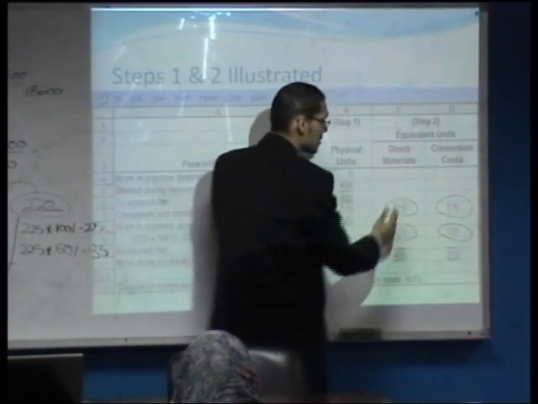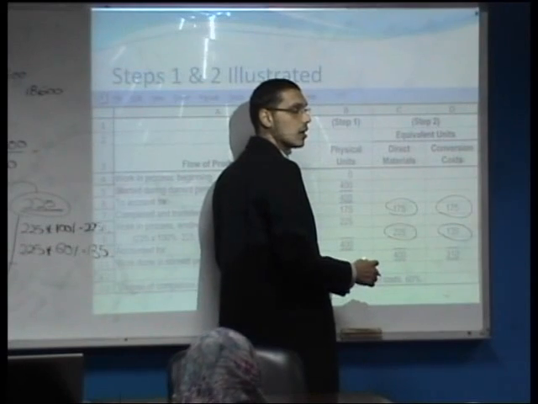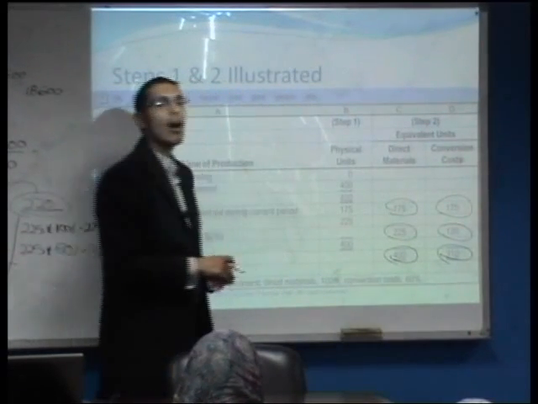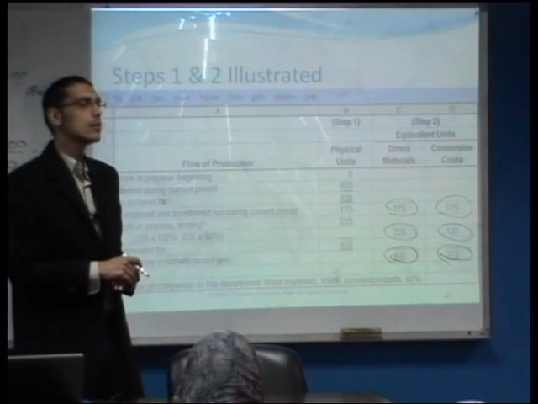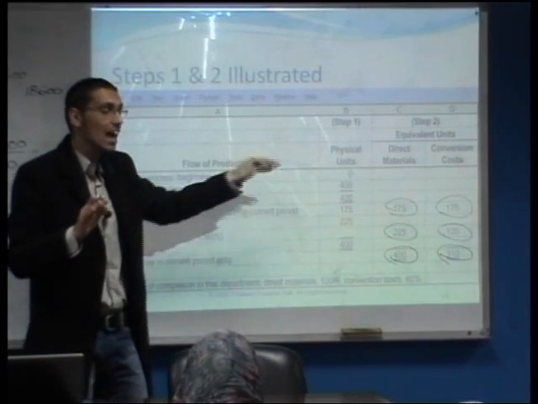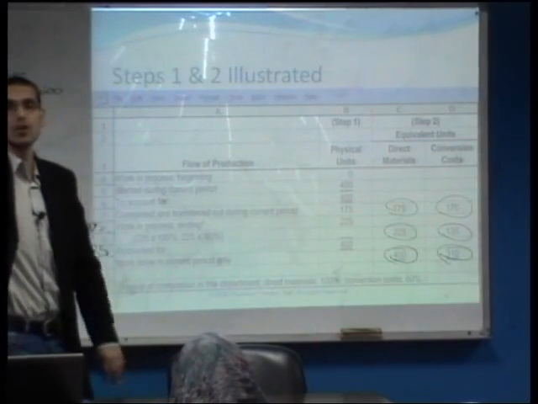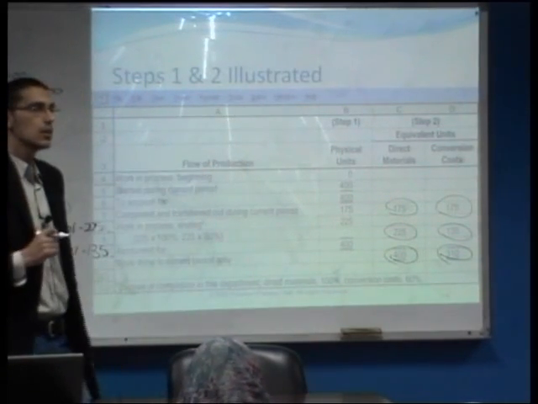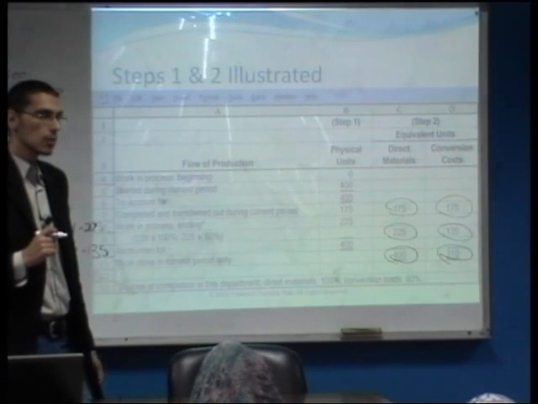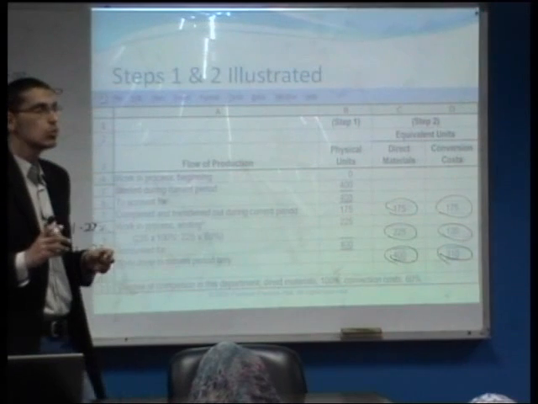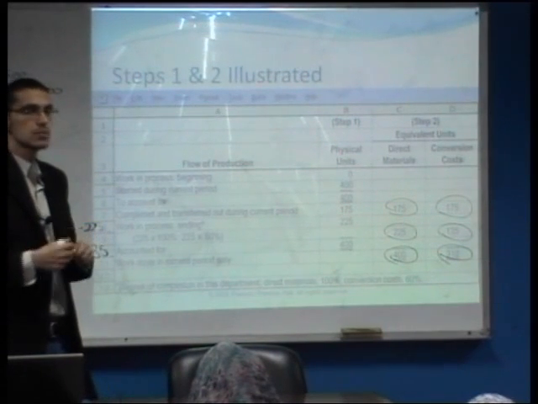Therefore, the summation of the equivalent units of 400 and 310 are common. They have the common metric, the common measure that is needed in order to divide the cost upon these number of units. This is the importance of using equivalent units. Any questions?